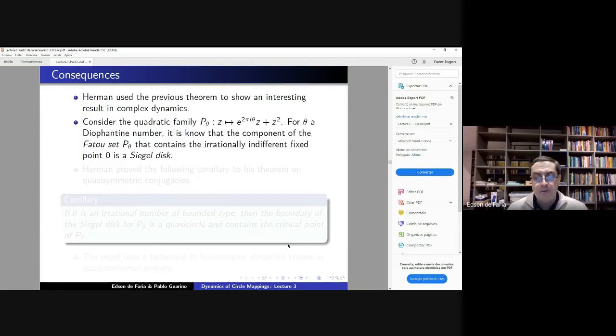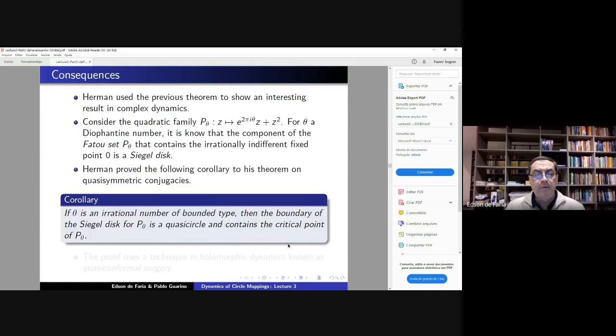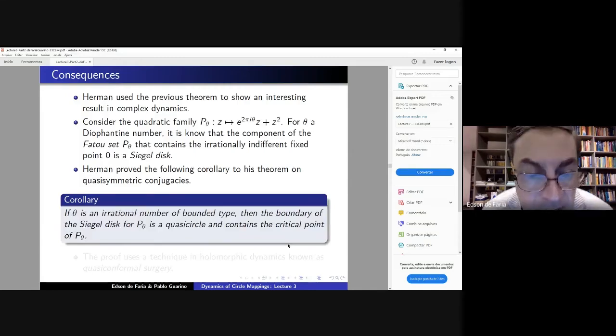Okay, and the Siegel disk is a topological disk, and it can have a horrible boundary. But Herman showed that if theta, which is the argument of the multiplier, is an irrational of bounded type, okay, then this Siegel disk will actually have a nice boundary.